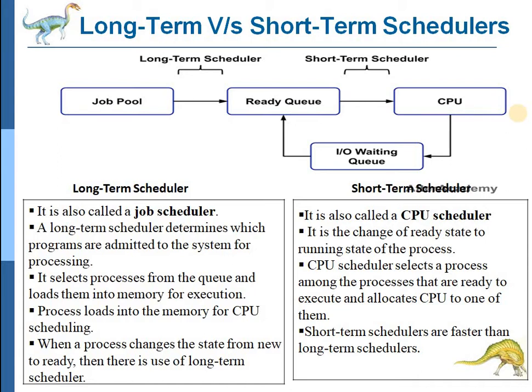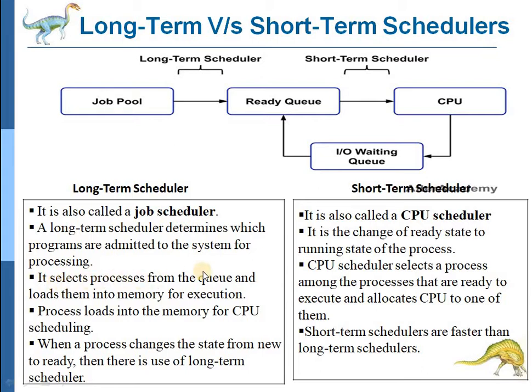A long-term scheduler is also called a job scheduler because it selects the processes from job queues and loads them into main memory or the ready queue.